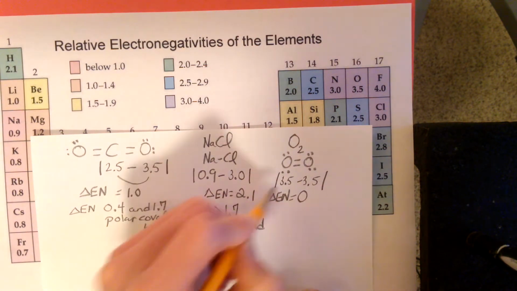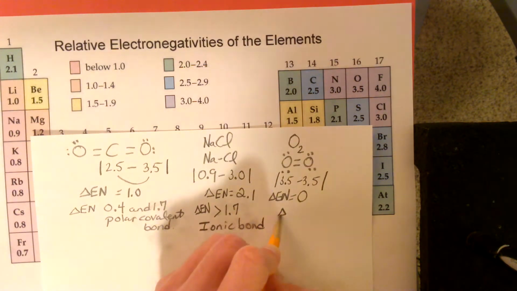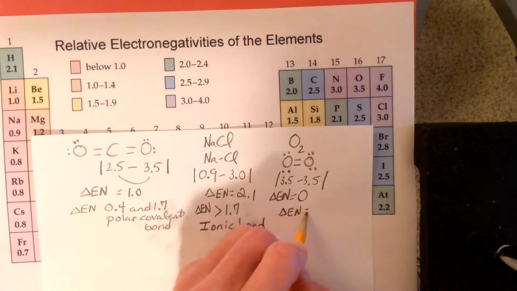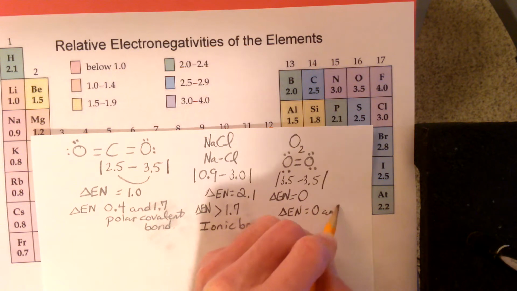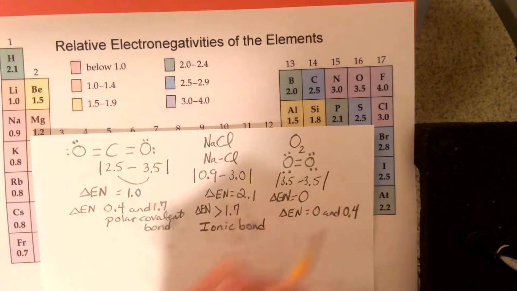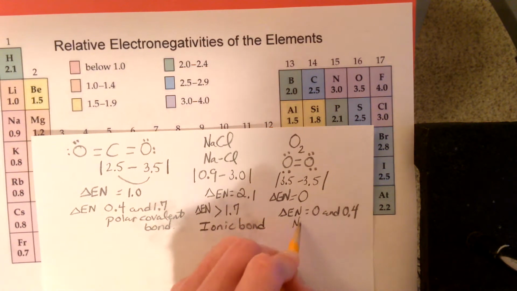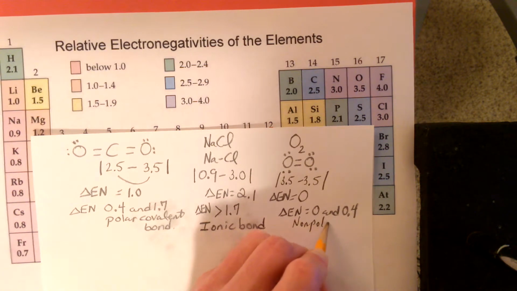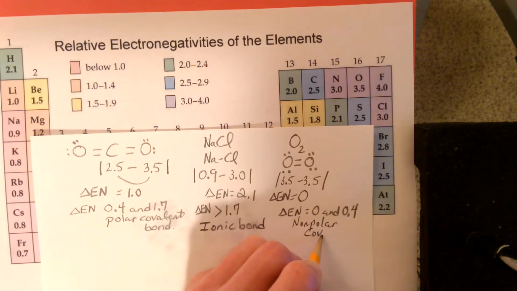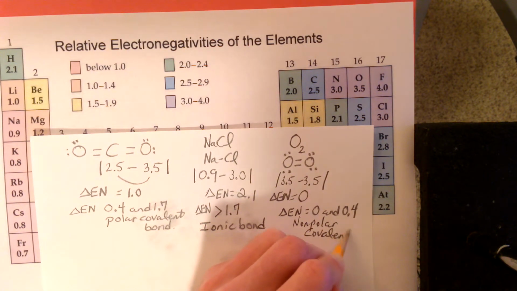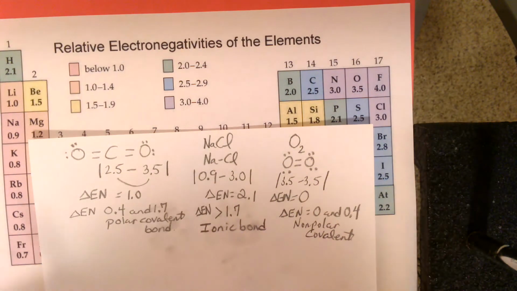So if the electronegativity difference is between 0 and 0.4, we consider that a nonpolar covalent bond. We would see equal distribution, equal sharing of those electrons there. So we consider that nonpolar.